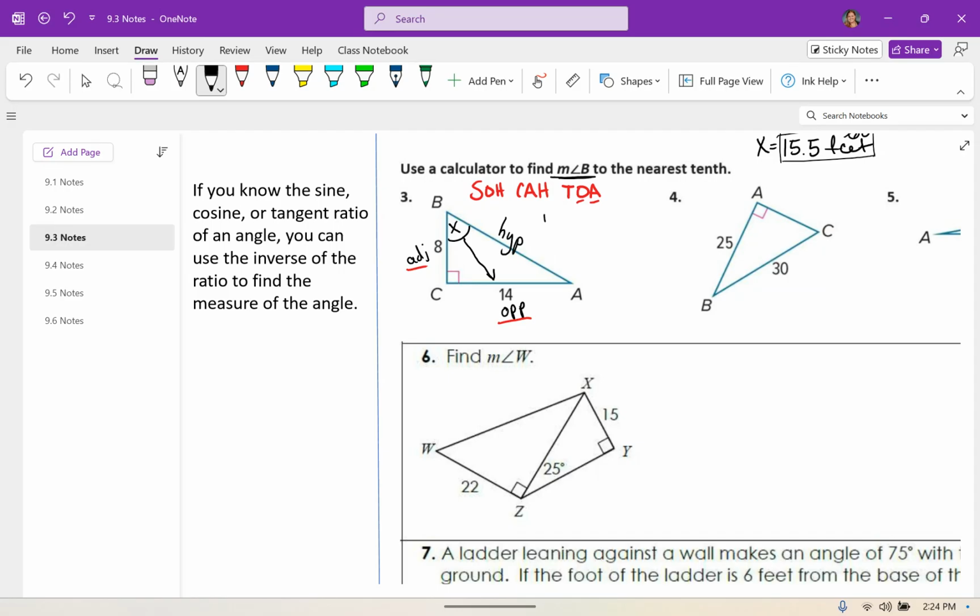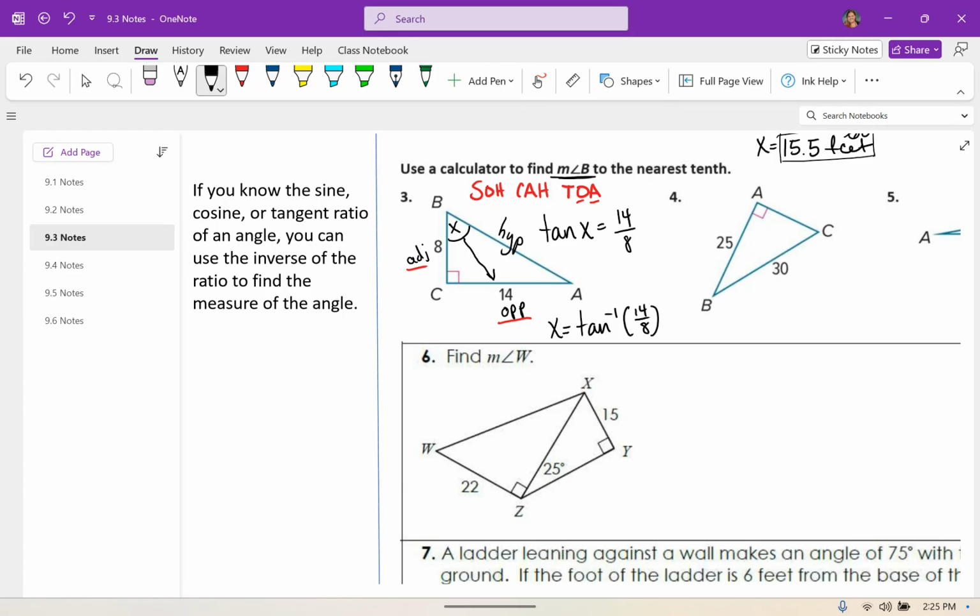Here's how this works. I have tangent of my angle, which is x, equals opposite over adjacent. When we say the inverse of the ratio, we are talking about a button on your calculator. So x equals inverse tangent of 14/8.